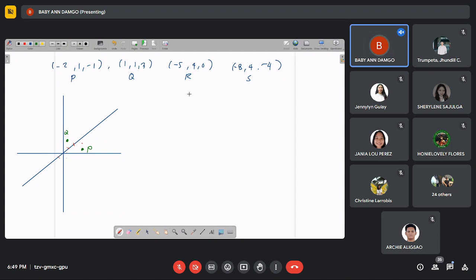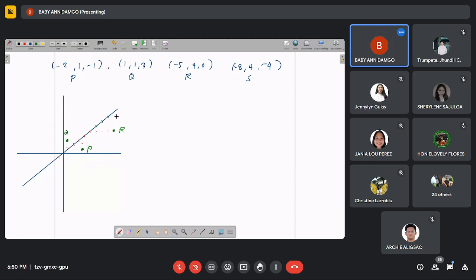Next we have RS. So R is negative 5. So 1, so 3, 4, 5. And then 1, 2, 3, 4. So this is R. Okay. S is 6, 7, 8.